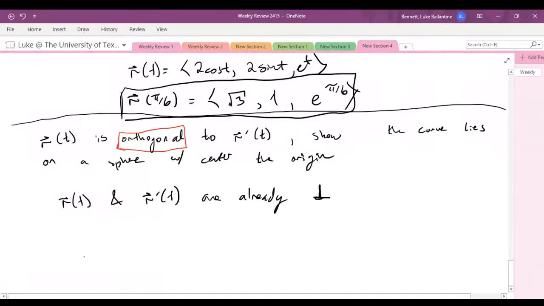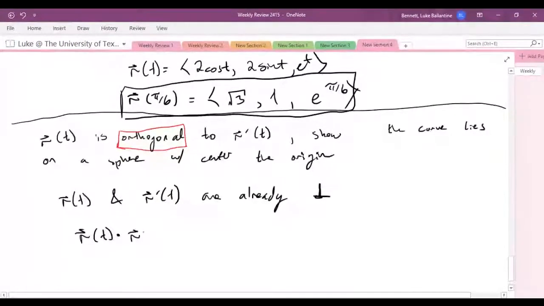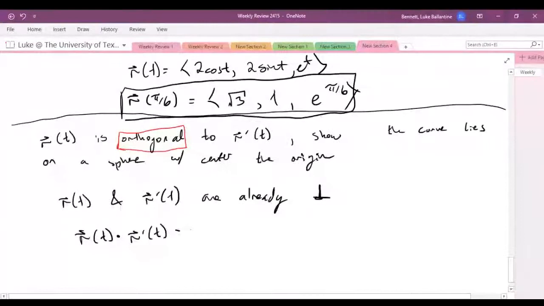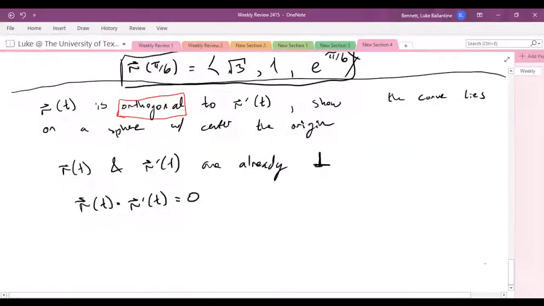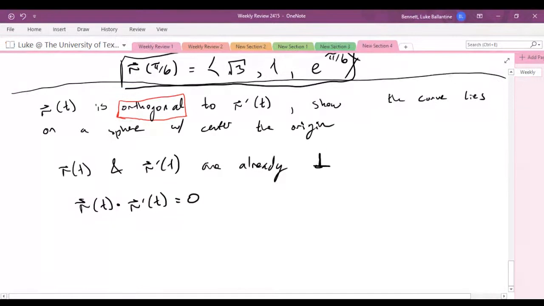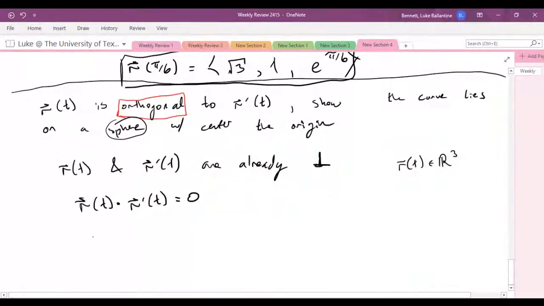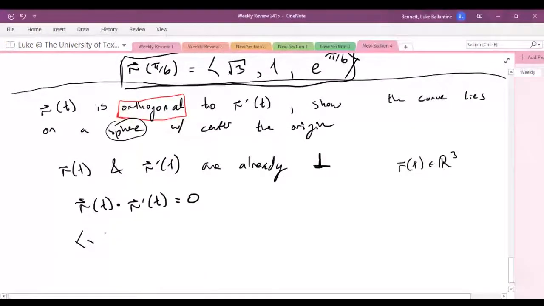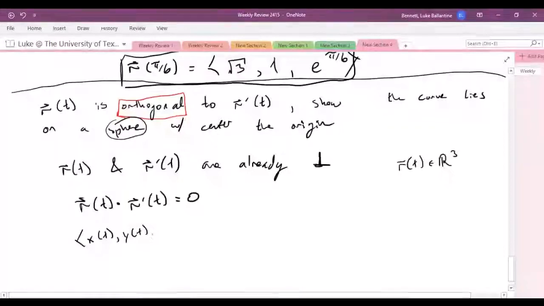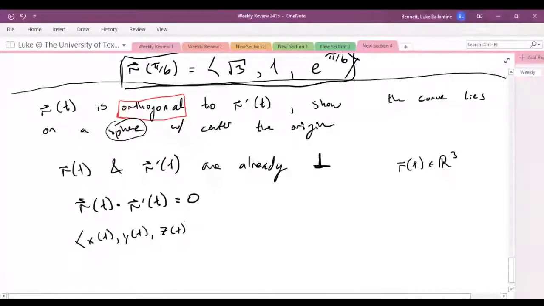So we have r of t dot product with r prime of t equals 0. Okay. Now, this is in R3 because we were talking about a sphere, right? So this r of t is in R3. So that means we're going to have an x component, a y component, and a z component.